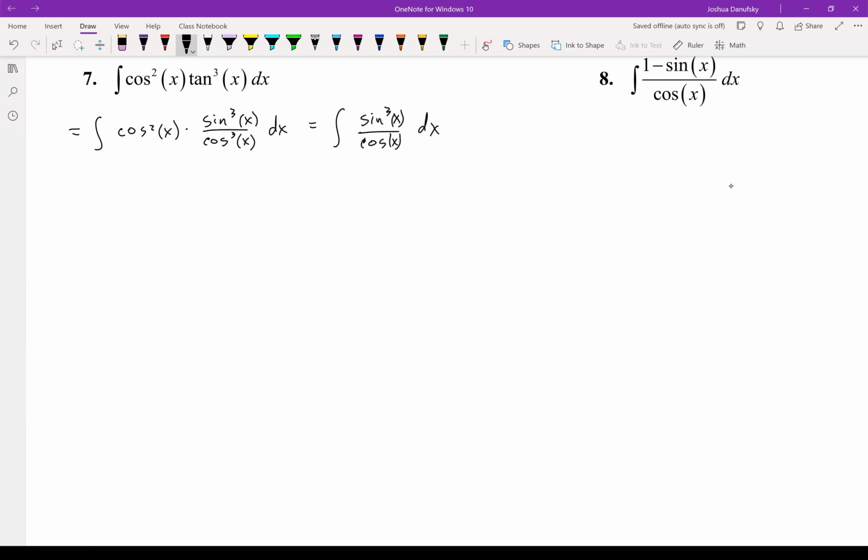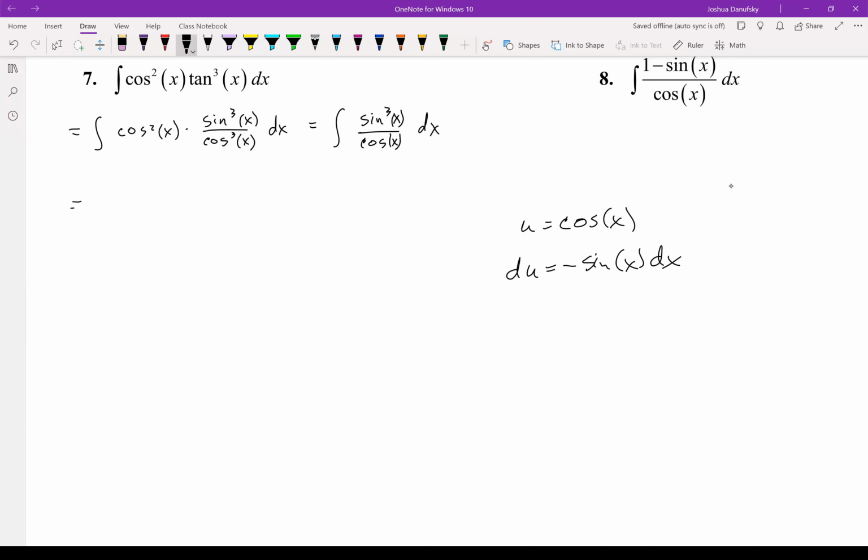And one thing I'm noticing here is I've got that cosine in the denominator. It sure would be nice to let u equal cosine x. And then, of course, du would be negative sine x dx. And so we definitely have a sine x dx up there, but we have a sine squared as well, right?